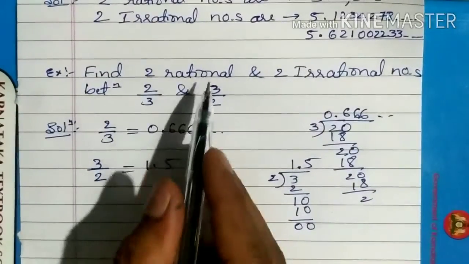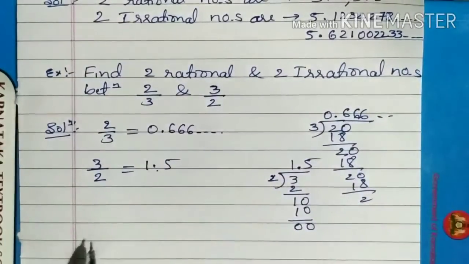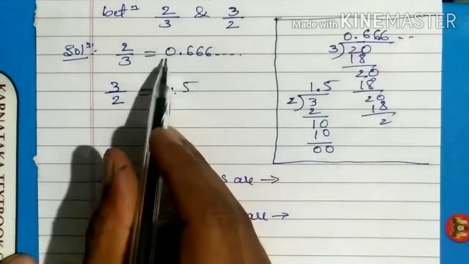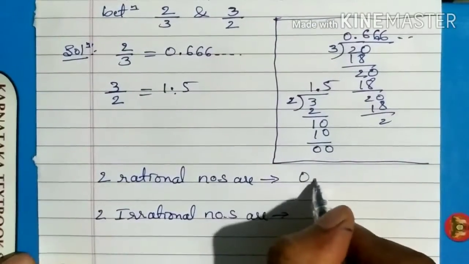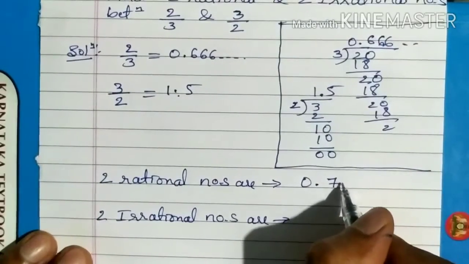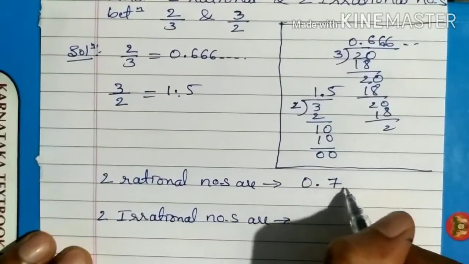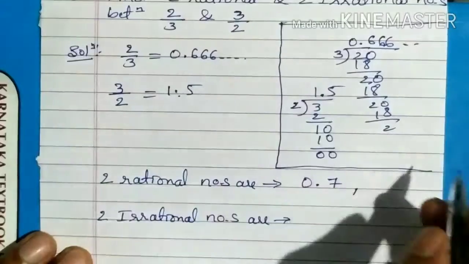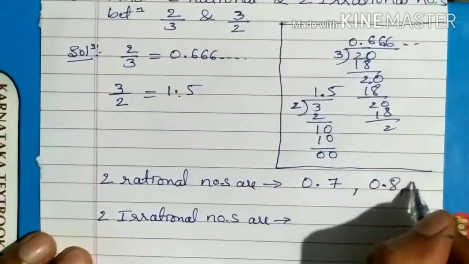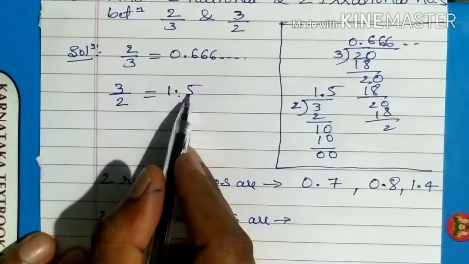We have to find two rational numbers in between these two numbers and two irrational numbers in between these two numbers. Two rational numbers: more than 0.66 you can write 0.7. After 6 you can write 7, so 0.7. You can also continue like 0.777, or keep it as 0.7, which is more than 0.6. Similarly you can write 0.8. Also you can write 1.4, in between 0.6 and 1.5, so less than 1.5.